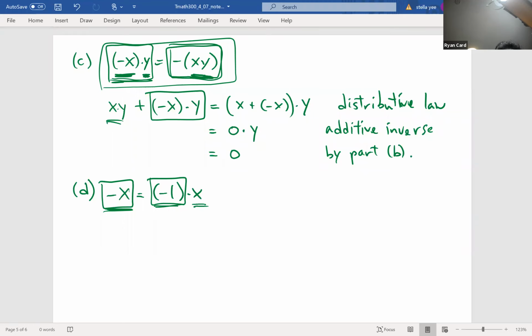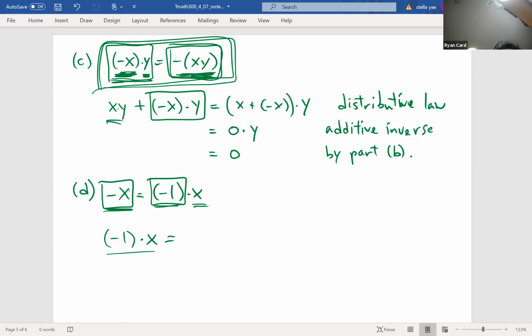What we could do is use part C, basically. Let's start with negative 1 times x. Using part C, I can pull out the negative sign from one of the factors and put it in front of the product of the rest.